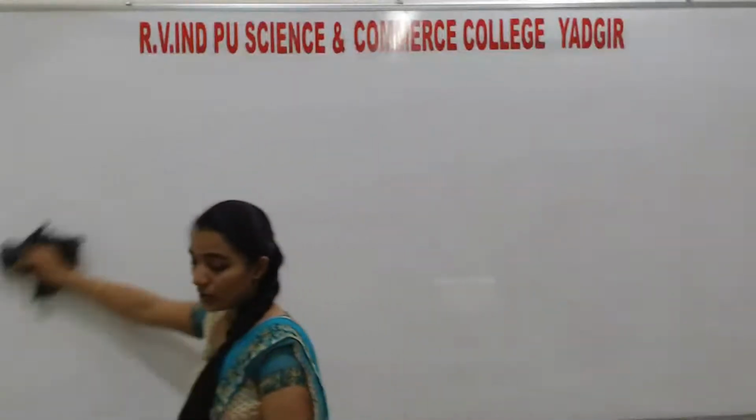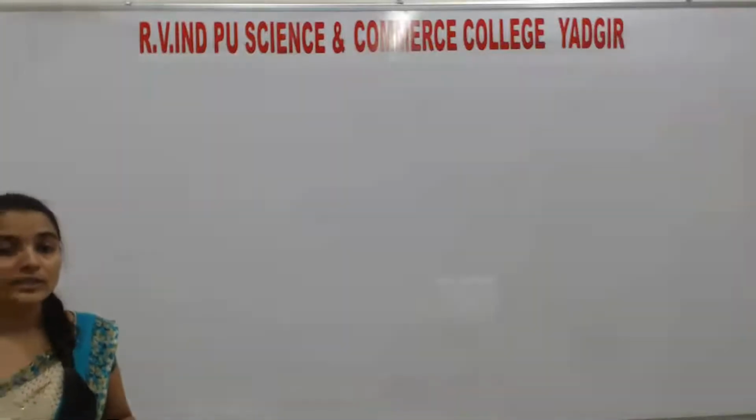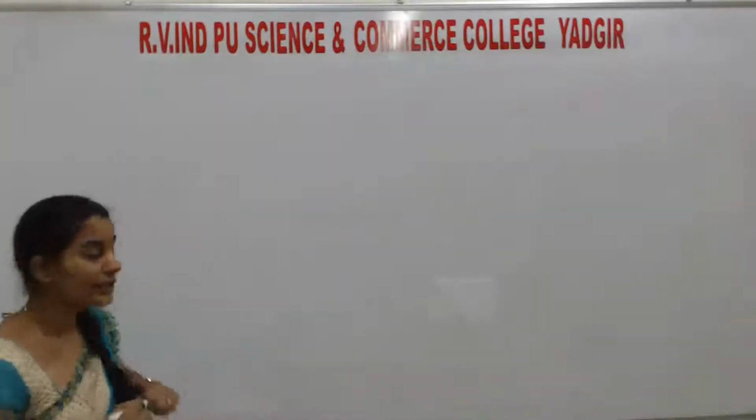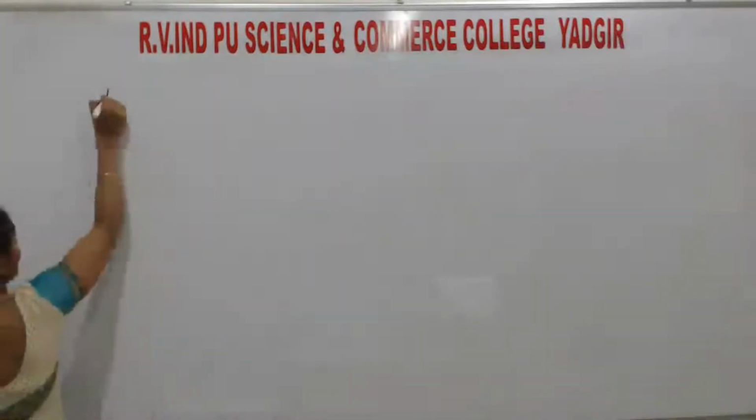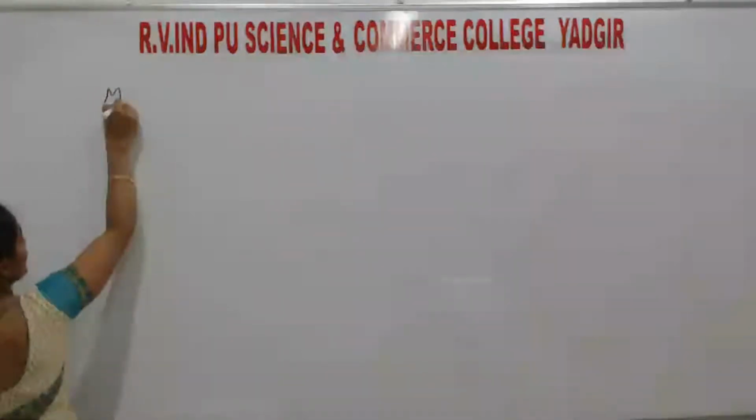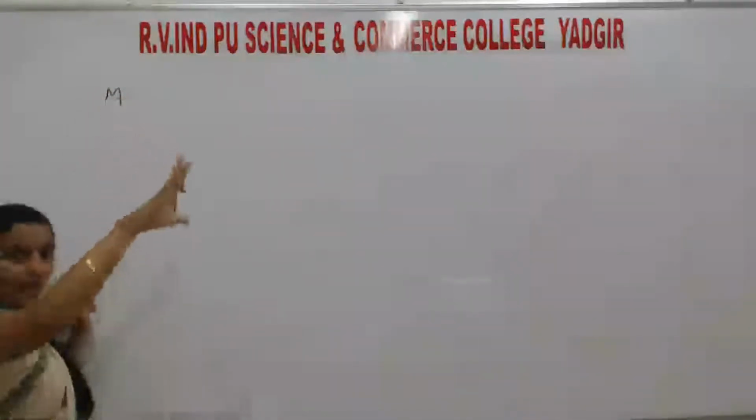Listen students, by taking concentration, we can easily calculate the EMF of the cell. Initially, we have to write the cell representation: anode, salt bridge, cathode.